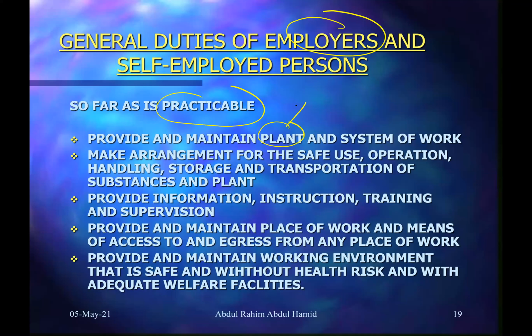Plant means the machinery. In construction we sometimes call it plant, because machinery can refer to small things, but when it comes to big things, we call it plant, construction plant. System of work depends; you can come up with the way of doing things.